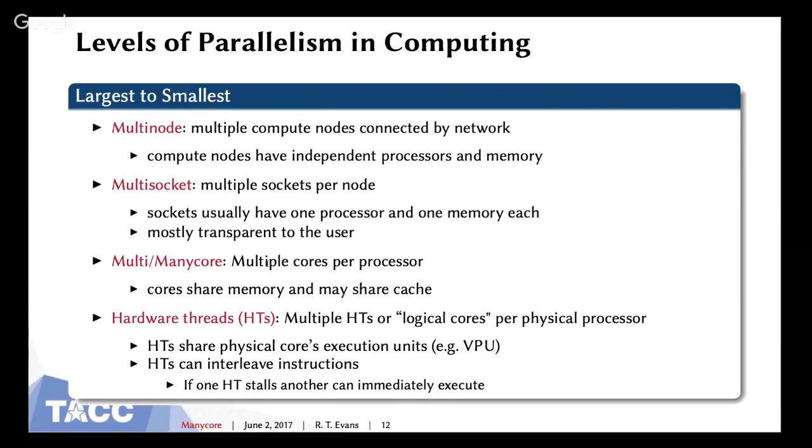So here are the different levels. Sort of at the largest, it's multi-node. You run on several nodes, which in our world generally means you're using MPI. At the next level, there's multiple sockets. Now, in general, on the KNL nodes we're going to run on, it's a single socket, but on most of the clusters you run on, it's probably two. And this is pretty much transparent to the user.